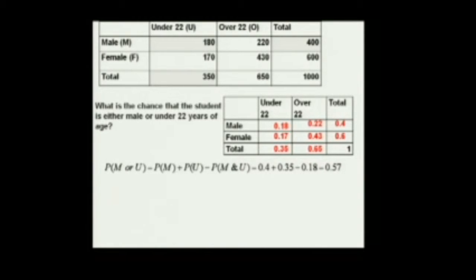Well, P(male), we know male is 0.4. P(under), that's this one here, 0.35. How about P(male and under)? Well, male and under would be this portion here, the 0.18. And again, from the table, we were able to immediately calculate the probability of male or under.